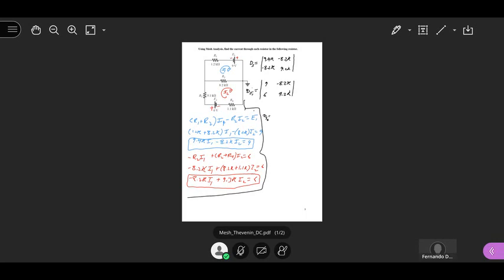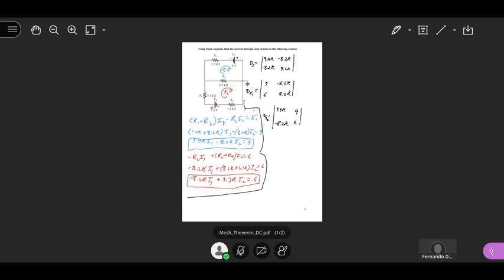Which is equal to, again, the determinant of the system, or the first one on the top here, Ds, 9.4K minus 8.2K. And then for I2, I will substitute the independent variables, which are 9 and 6. And then I get that.